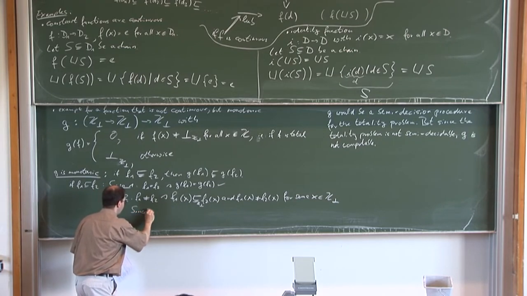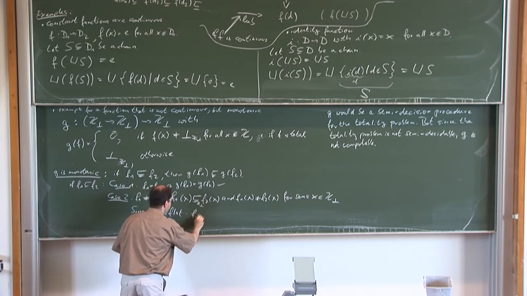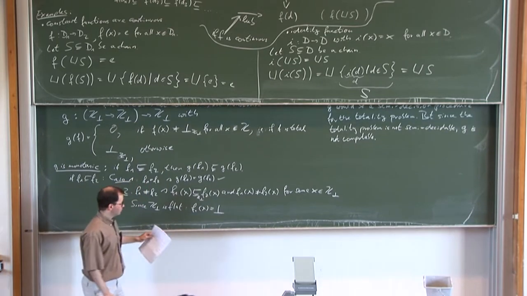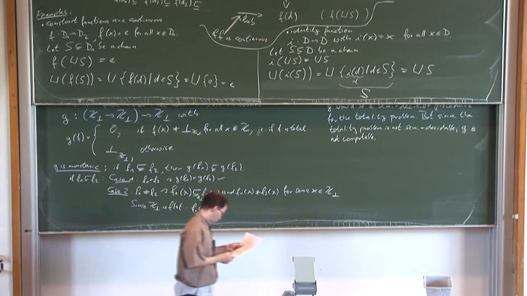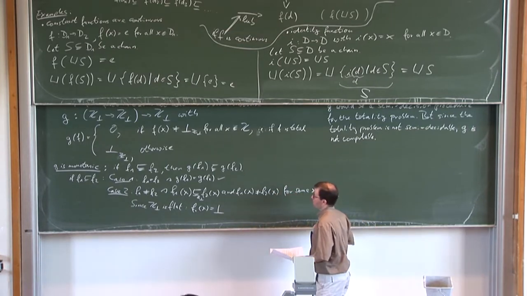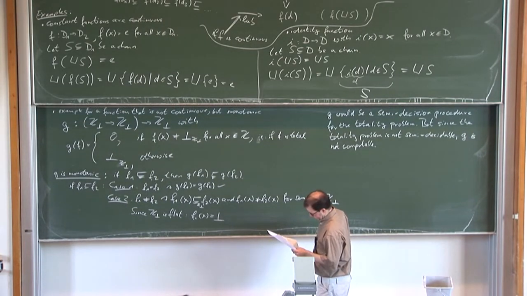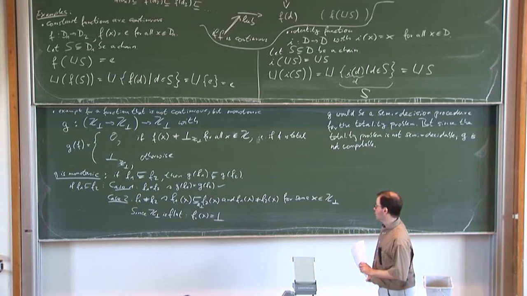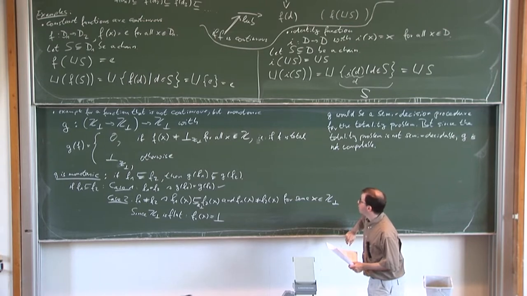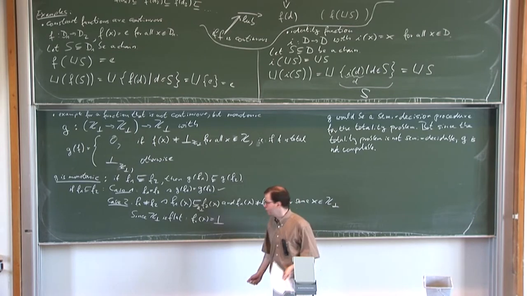So since Z bottom is flat, we know that f1 of x is bottom. Okay, so now there are two possibilities. x is bottom or x is not bottom.